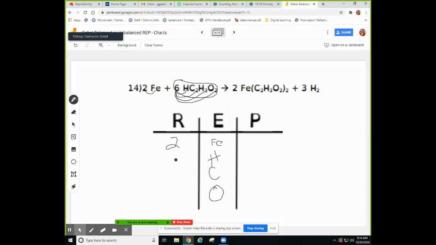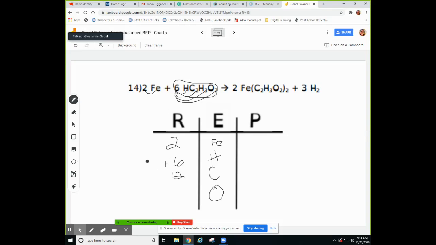So I have 6 atoms of hydrogen with that first H. 6 times carbon's subscript of 2 tells me I have 12 total atoms of carbon. 6 times this hydrogen's 3 is 18.